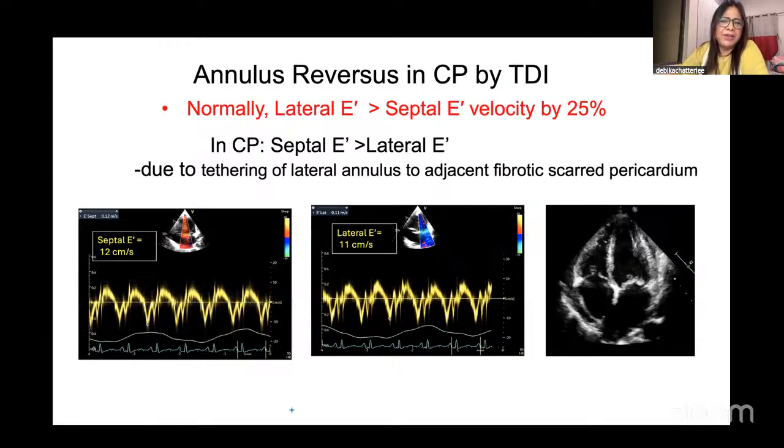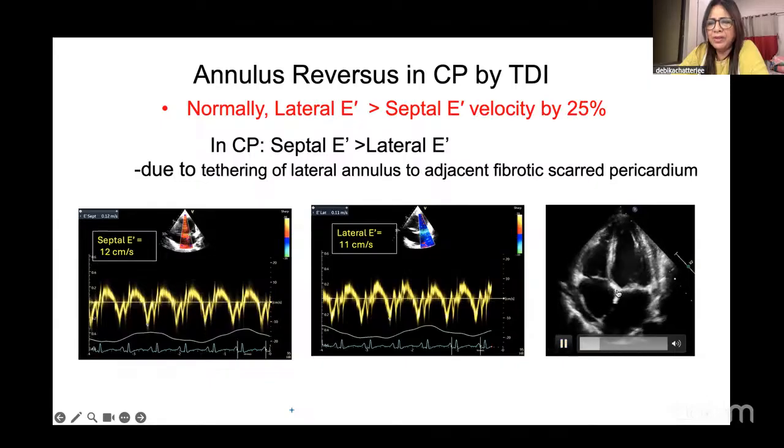Now, another finding we get in constrictive pericarditis is called annulus reversus by tissue Doppler imaging. So, when we do it in a normal subject, the septal annular velocity is less than the lateral annular velocity. If this is 10, lateral annular velocity is 12.